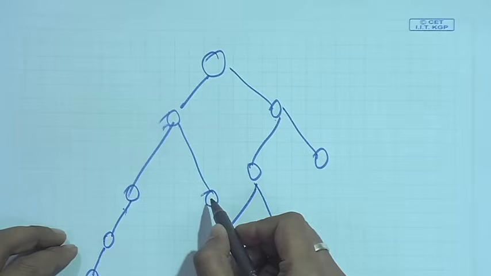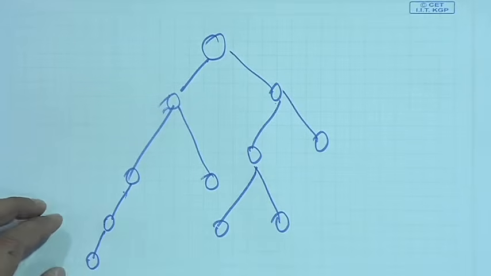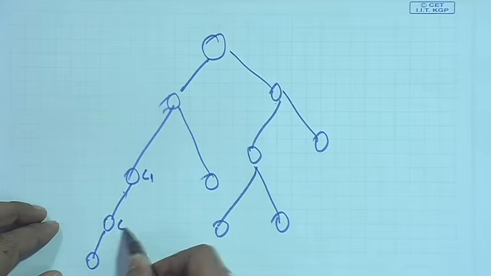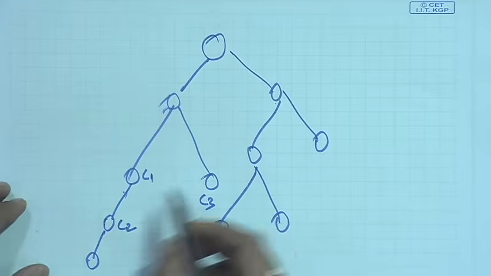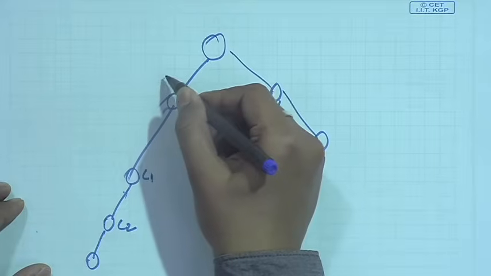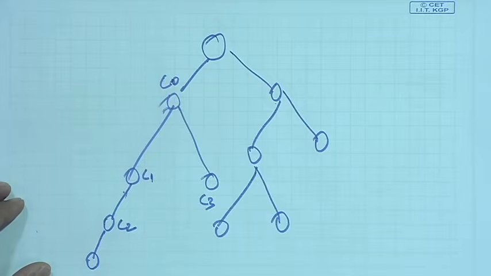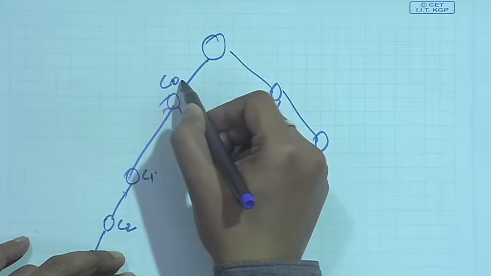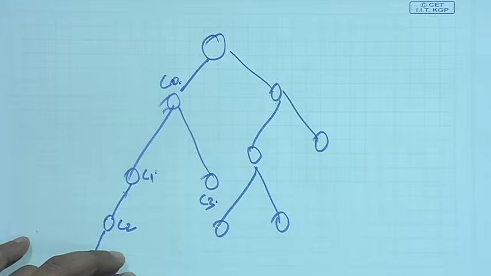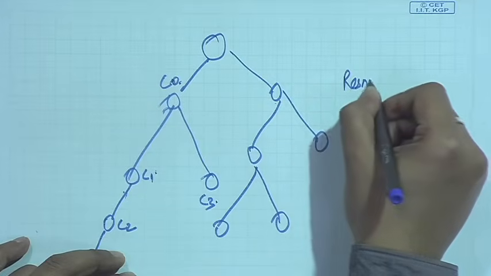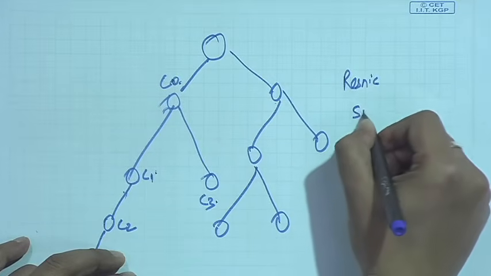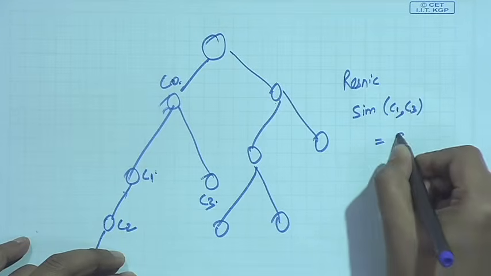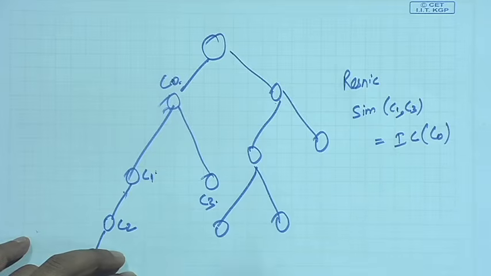So what do you do in the case of Resnik similarity? Here we have C1, C2, C3, and this is C0. In Resnik similarity, the similarity of C1 and C3 is nothing but the information content of C0. So as per Resnik, similarity of C1, C3 is IC of C0.